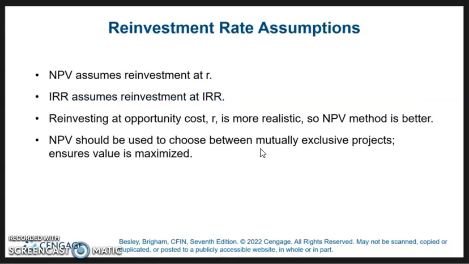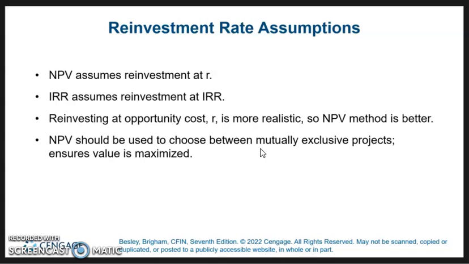Reinvestment rate assumption. NPV assumes reinvestment at the required rate of return. IRR assumes reinvestment at the internal rate of return, which may not be realistic, especially when it's above the firm's cost of capital.